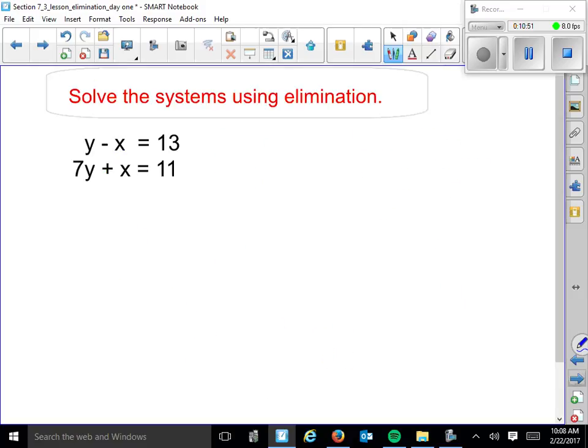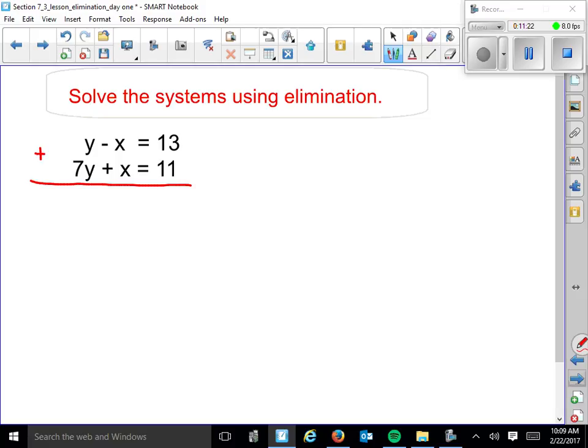Example 3. y minus x equals 13 and 7y plus x equals 11. I know I told you that the equations needed to be in standard form, and these two equations are not in standard form. I just want you to notice that it really doesn't matter if the x's come first and the y's come second, as long as the variables are lined up and the constants are lined up.